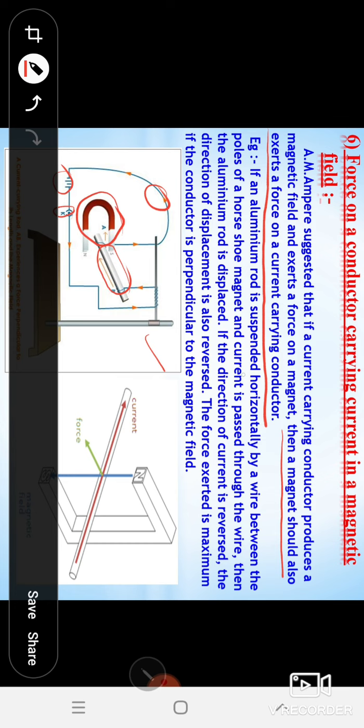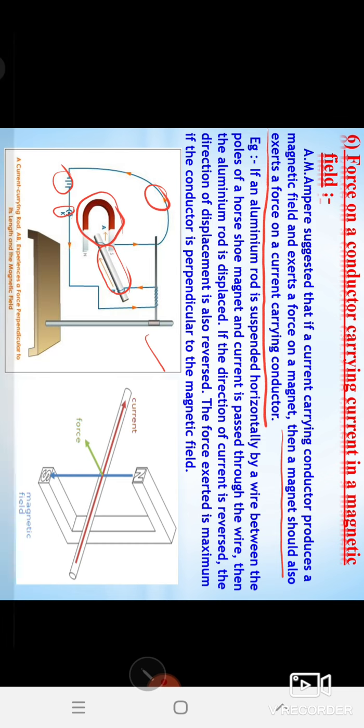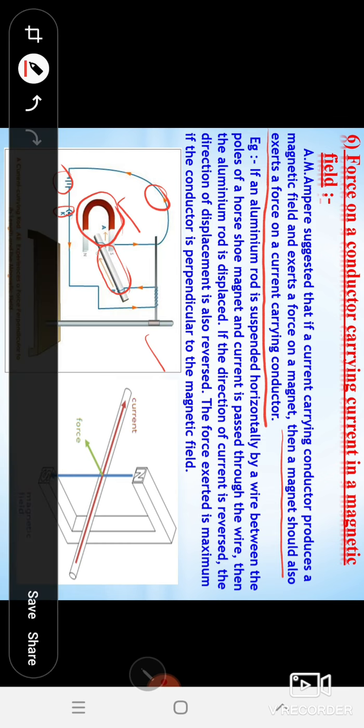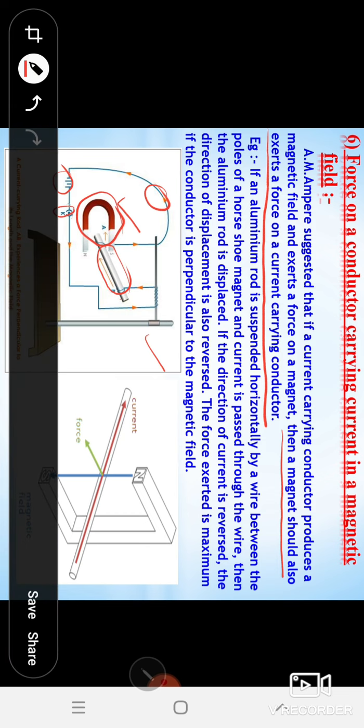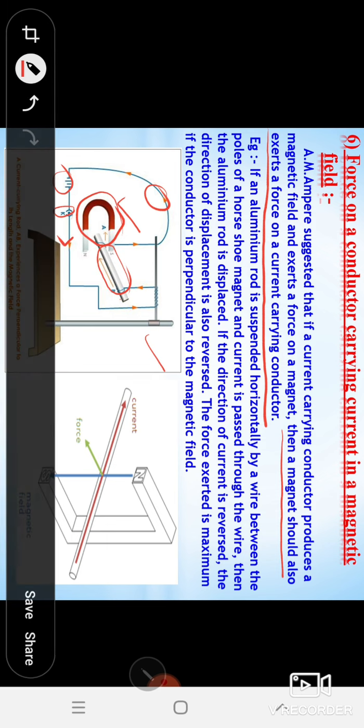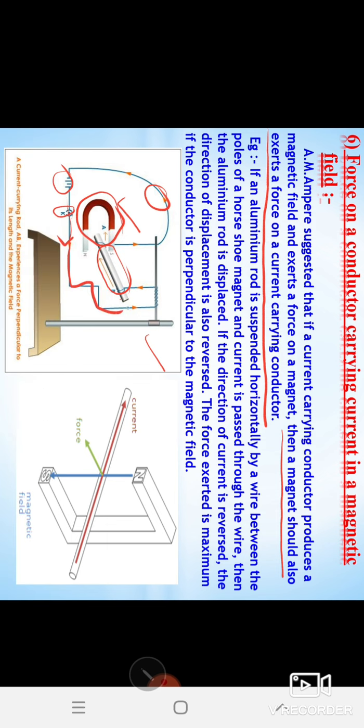The aluminum rod is suspended horizontally as shown in this diagram, in between the two poles of the horseshoe magnet, and we pass the electric current. Suppose in the first case we pass the electric current in this direction. As soon as we pass the current, the aluminum rod gets displaced. Displacement means a change of position of the rod.